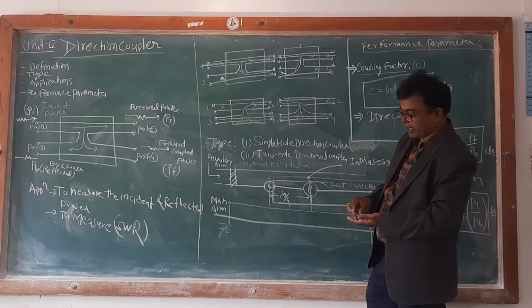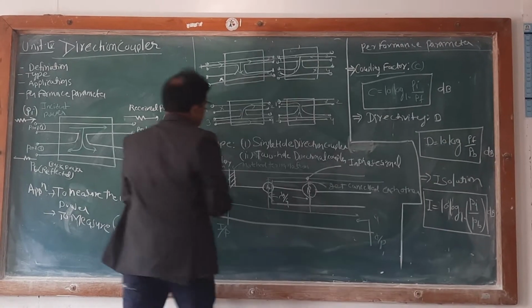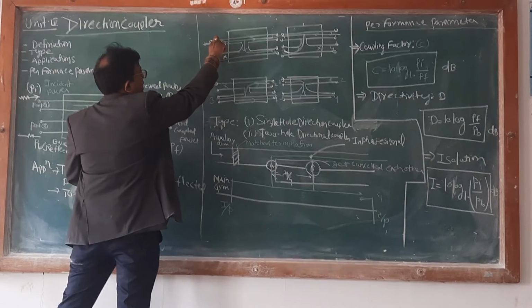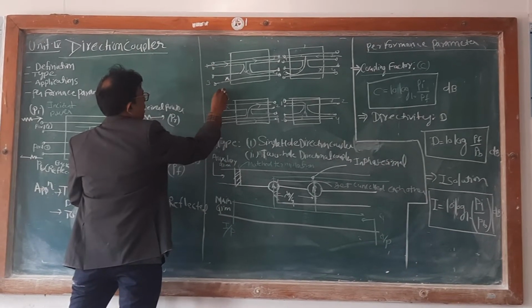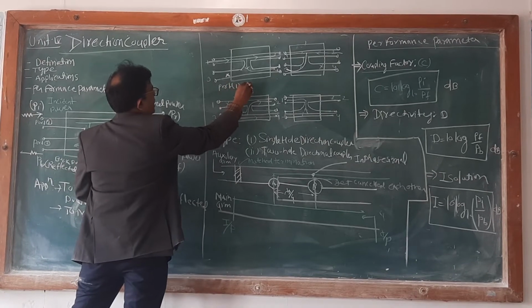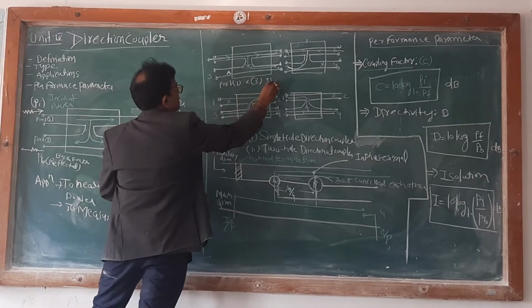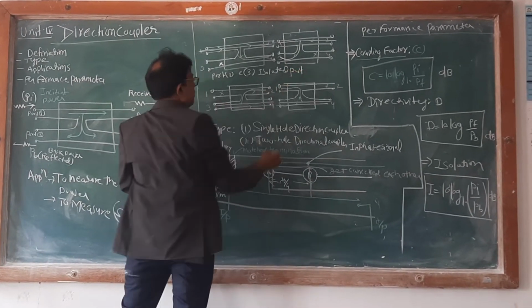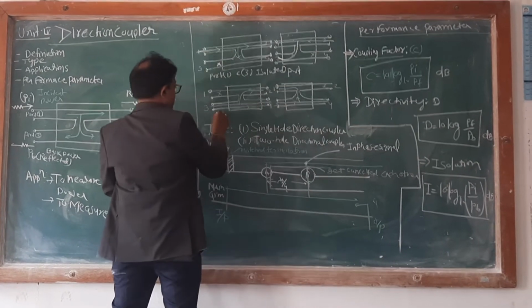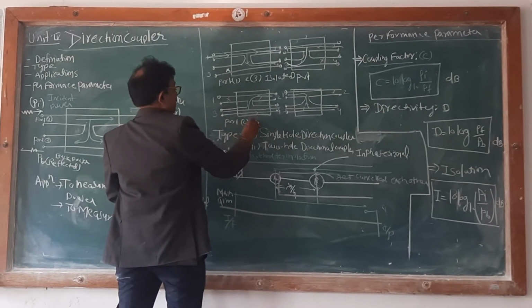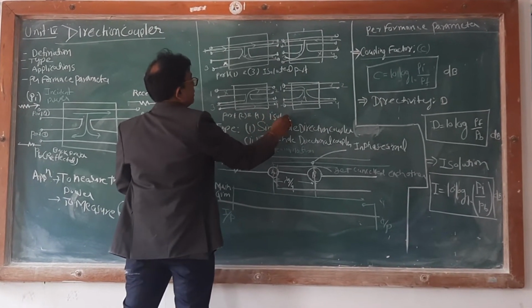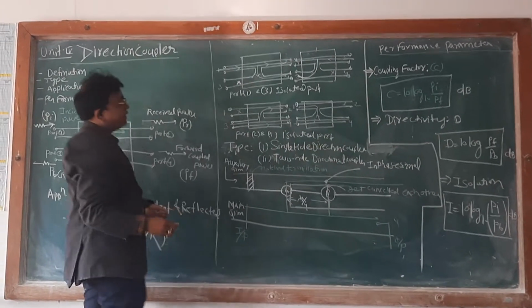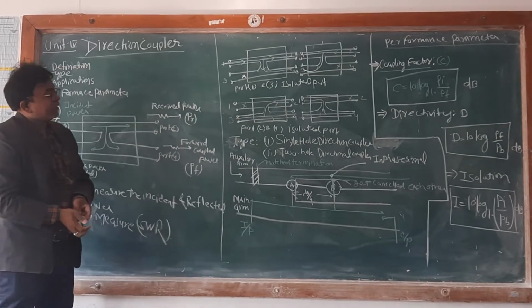From the figure itself, we can say that port number 1 and port number 3 are ideally isolated ports. Similarly, port numbers 2 and 4 are also isolated ports.